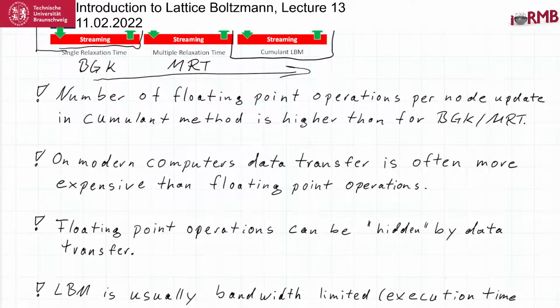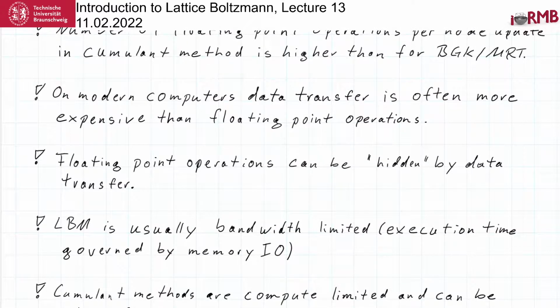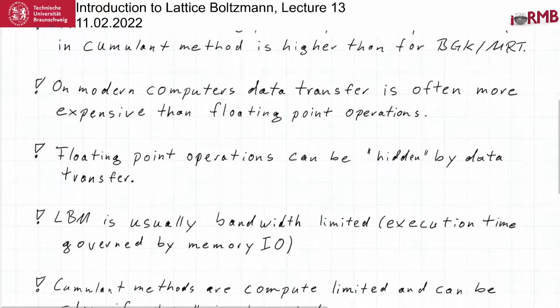And this then we call bandwidth limited. So LBM, in particular BGK LBM, is usually bandwidth limited. This means that the execution speed is just governed by how quick your memory access is and not how quick your CPU is.